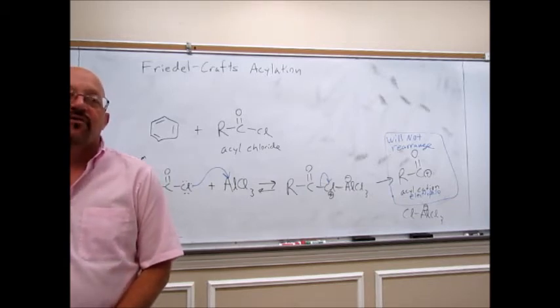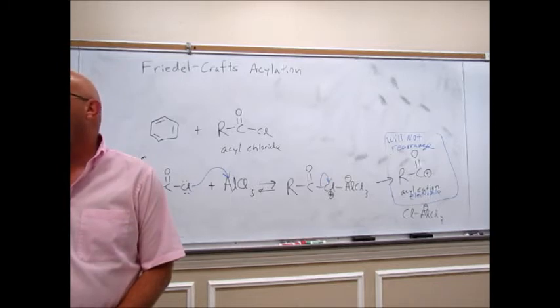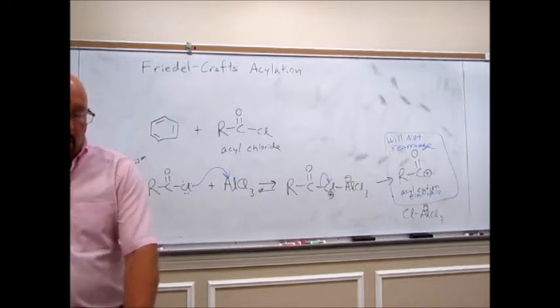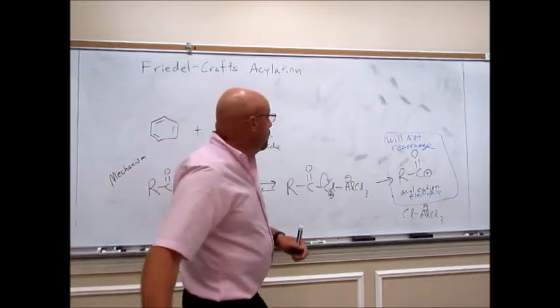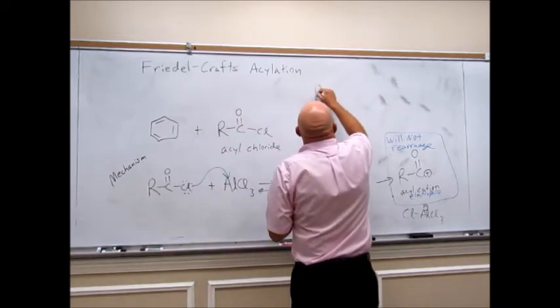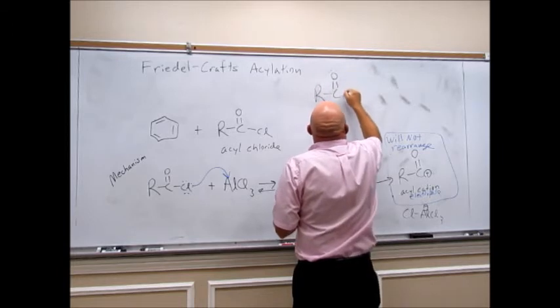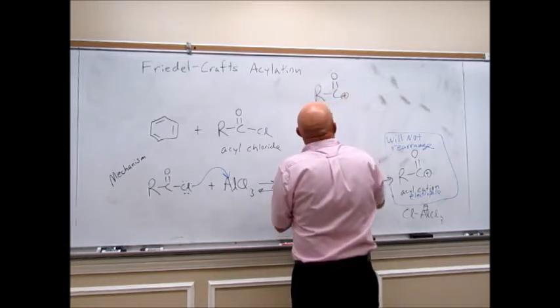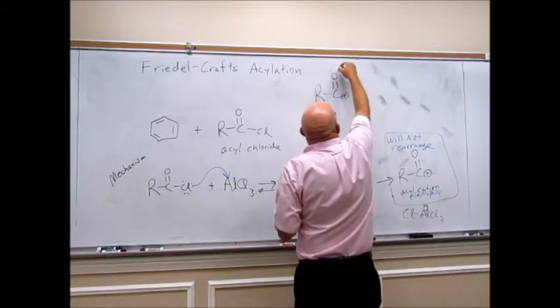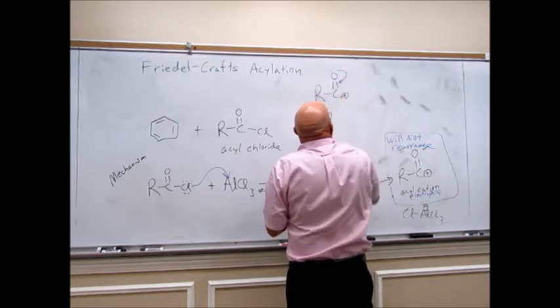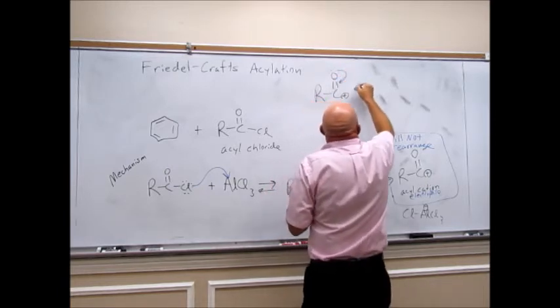Resonance. It's stable because of resonance. Let me just show you here. I'll redraw it and show you the resonance. We can draw resonance with the lone pairs on the oxygen. You can bring those electrons in and you can draw resonance.